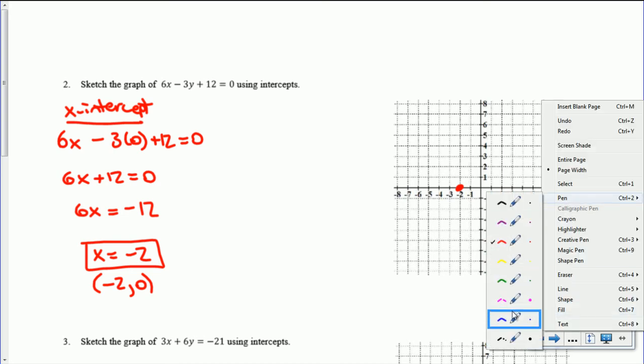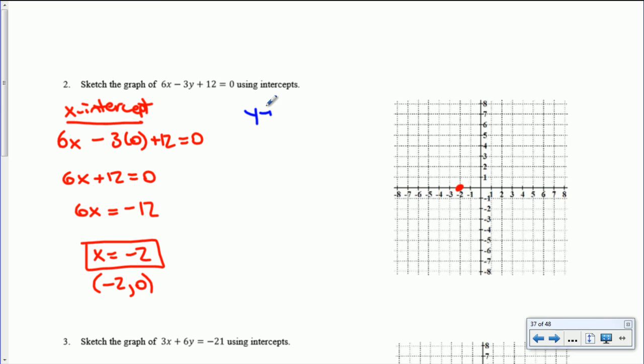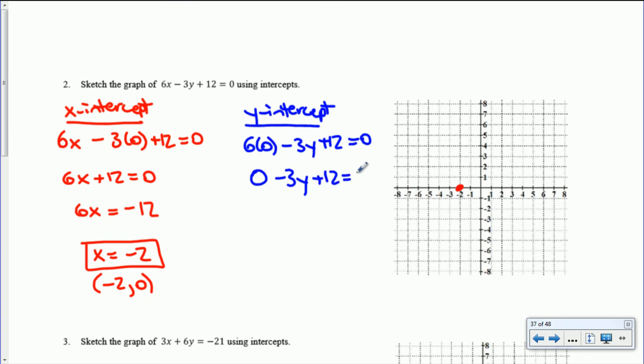And now we can move on to the y-intercept. What's the value of x here? So 0. 6 times 0 is 0. Minus 3y plus 12 equals 0. Okay, I need to get the y's on their own to one side.